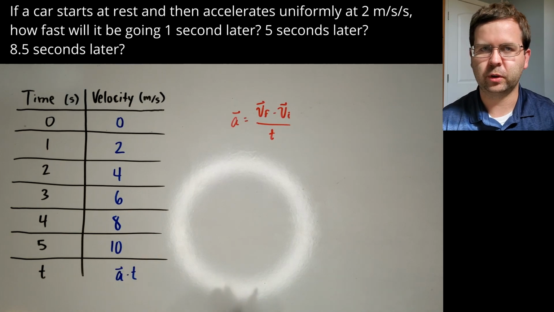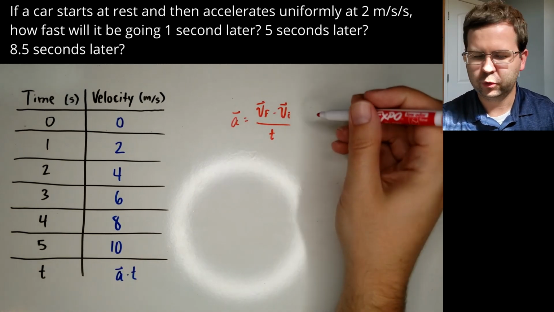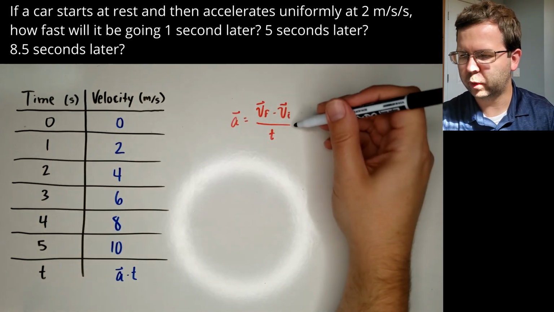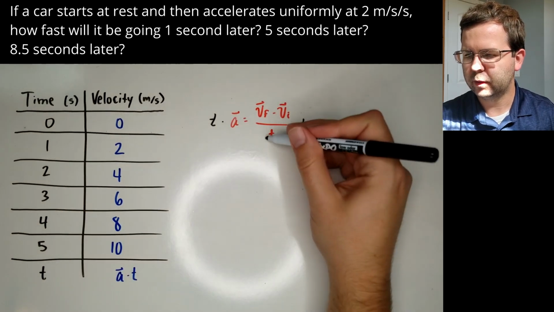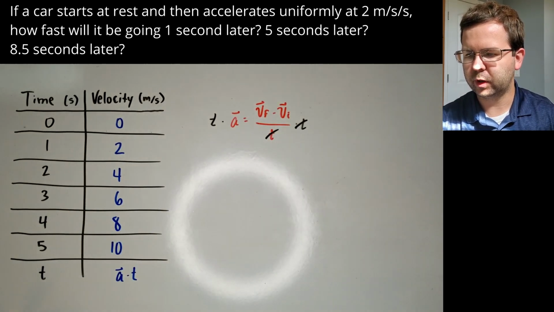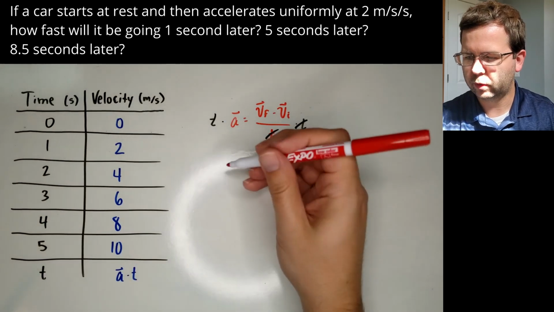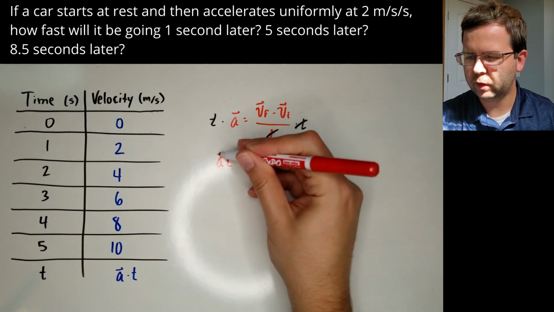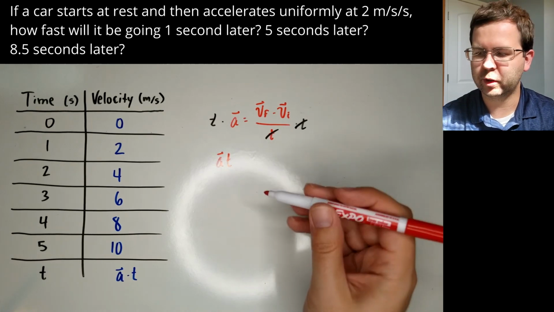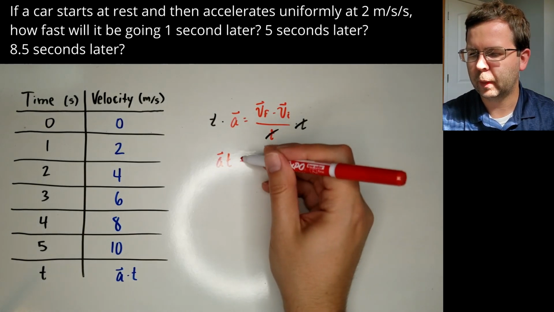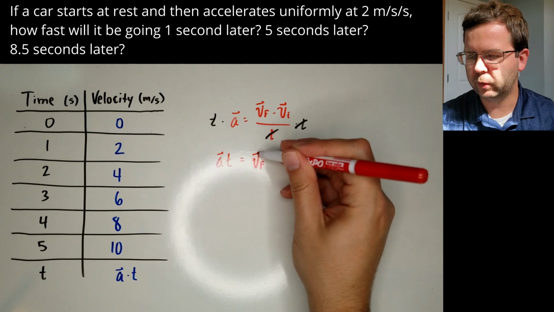What is our final velocity at 8.5 seconds? So to solve this, I'm going to multiply both sides by t to get rid of this fraction. And so that undoes the division there. And we're left with acceleration times t. Usually you write the time variable last every time, so I switched the order there. That's just the standard physics way to do it.